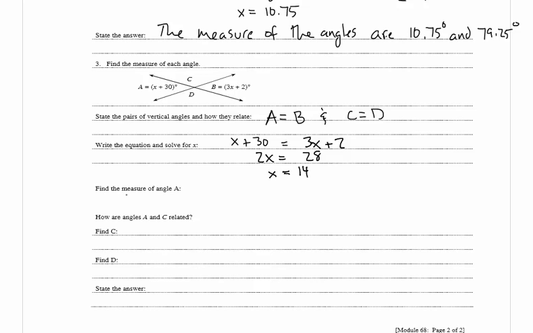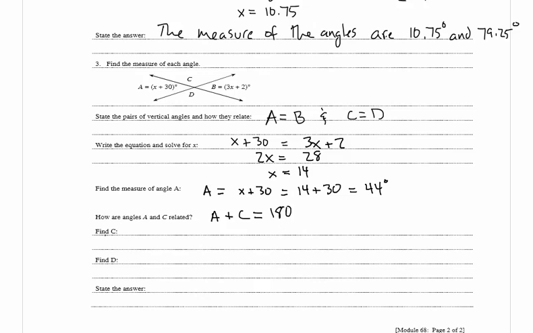If we want to find the measure of angle A, it is equal to x plus 30, which is equal to 14 plus 30, and that's equal to 44 degrees. And then it asks how are angles A and C related, and A plus C is equal to 180 degrees. They are supplementary angles.